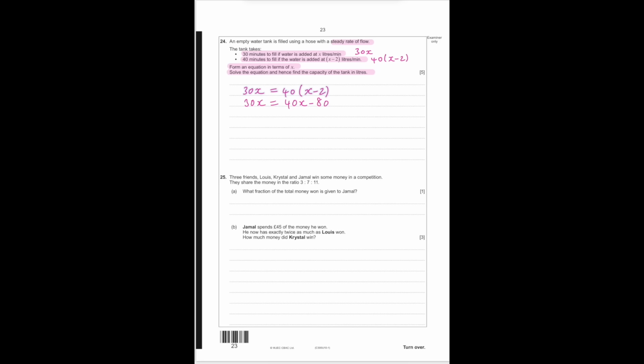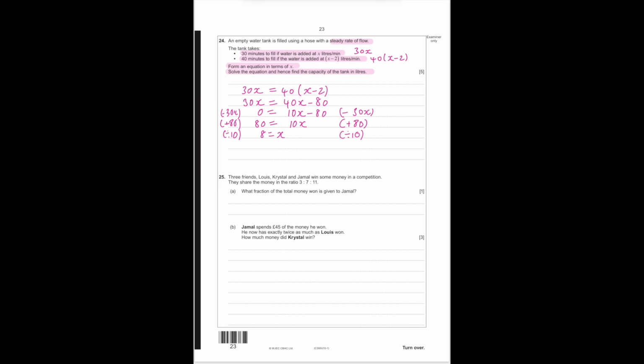And then I'm going to solve the equation. So I'm going to subtract 30x from both sides. And then I'm going to add 80 to both sides. And then I'm going to divide by 10. So x equals 8, okay?